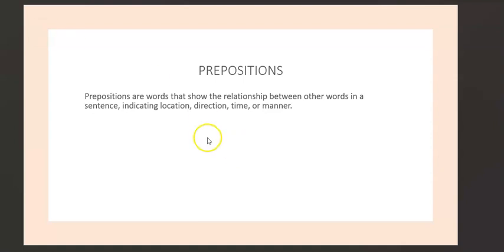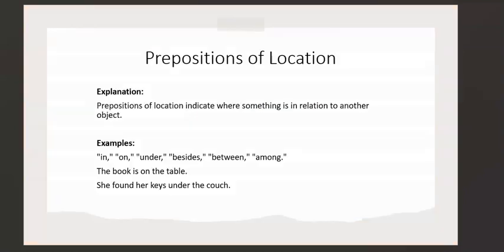Notice that location, direction, time, and manner are the types of prepositions. The first one we look at is the preposition of location. Now let's move to that and talk a little about that.